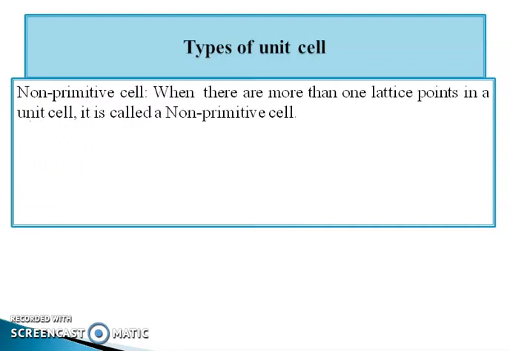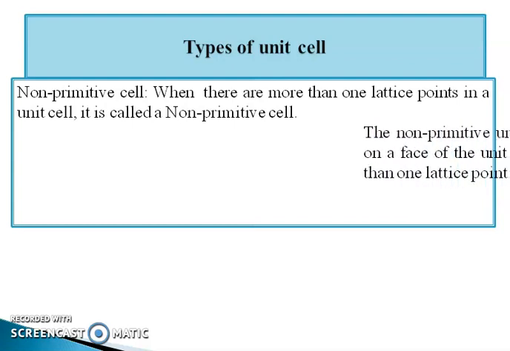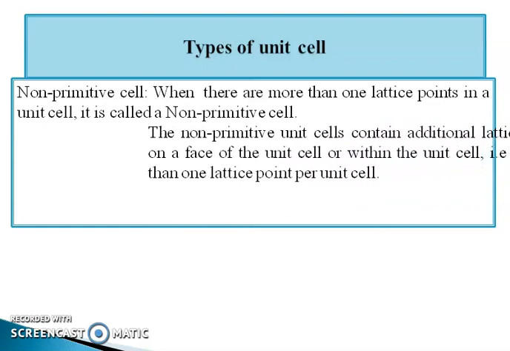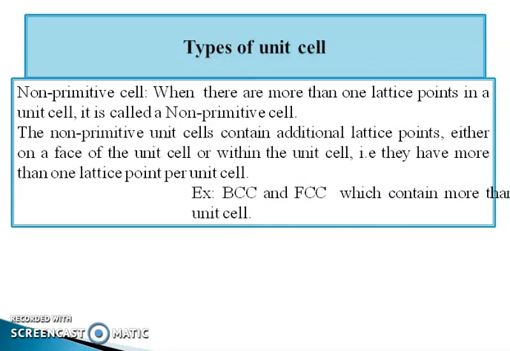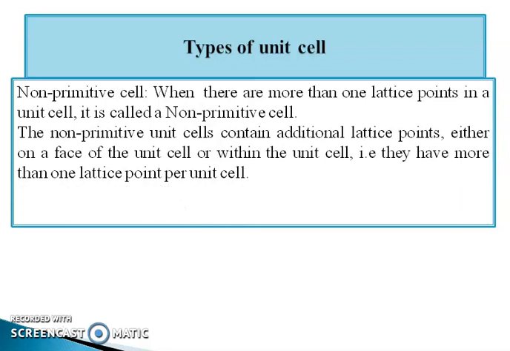Then non-primitive unit cell. When there is more than one lattice point in a unit cell, it is called a non-primitive unit cell. It contains additional lattice points which may be on the face of the unit cell or within the unit cell. Its examples are BCC and FCC.